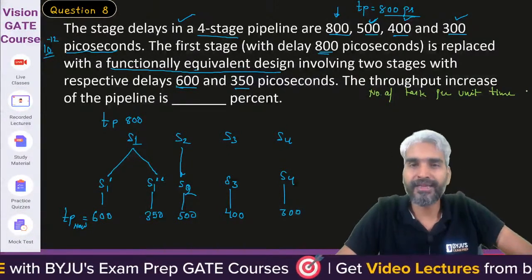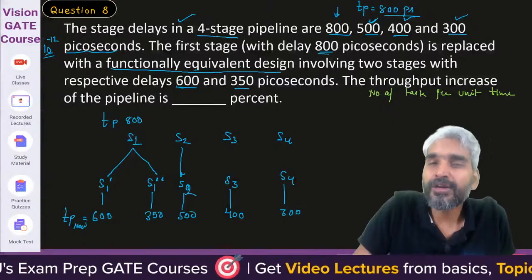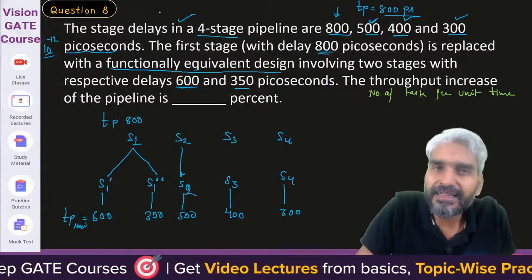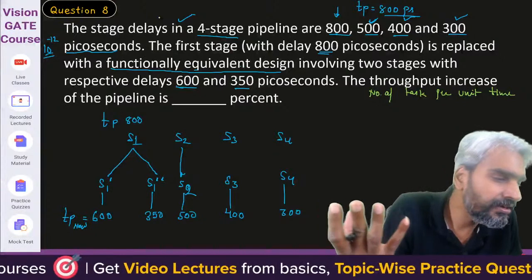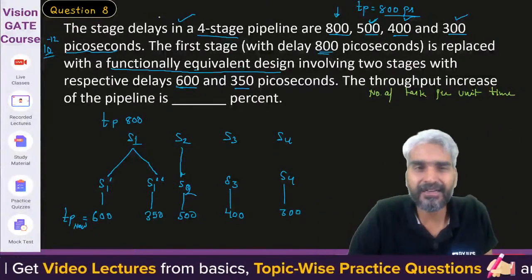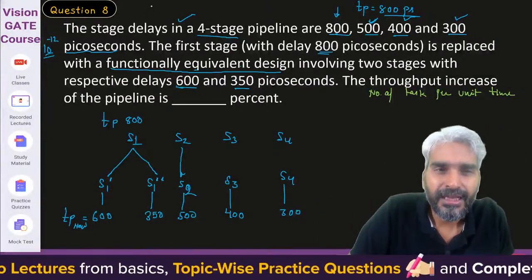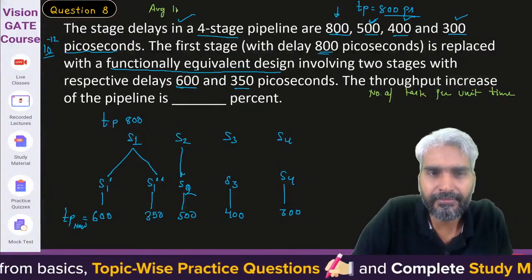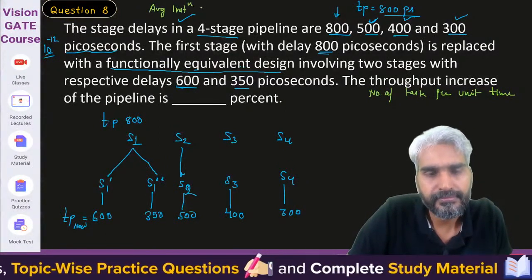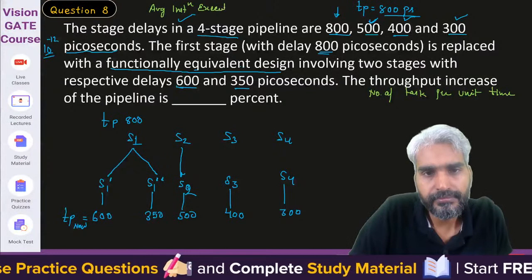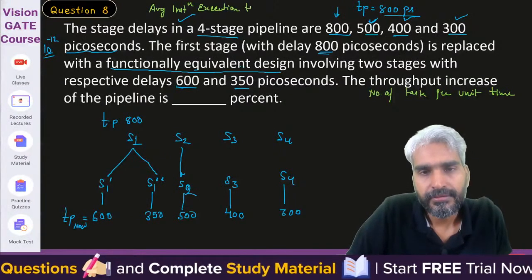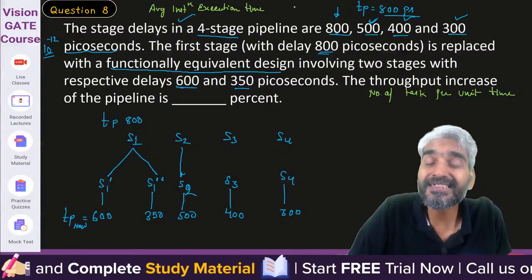You need to understand one thing: if nothing is said about stalls in the pipeline, then what is the average instruction execution time in the pipeline? What is the cycles per instruction?